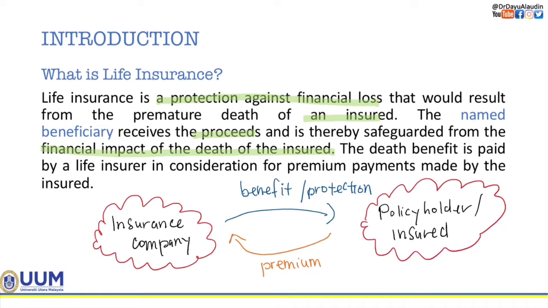The death benefit is paid by a life insurer in consideration for premium payments made by the insured. So the insurance company will pay benefit or financial protection to the policyholder or the insured, while the policyholder or the insured pays the premium to the insurance company.